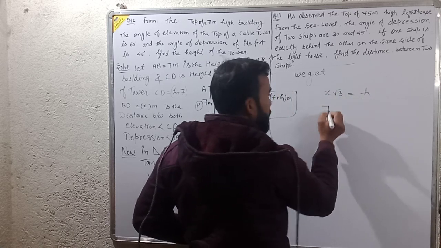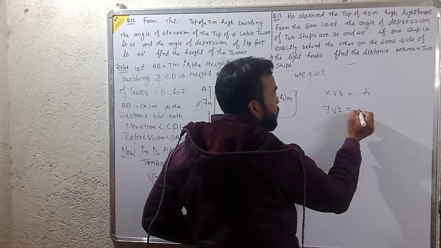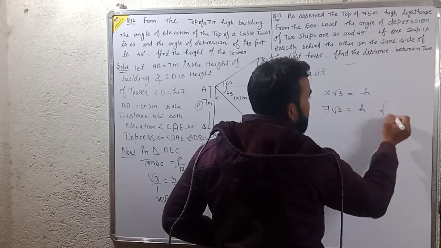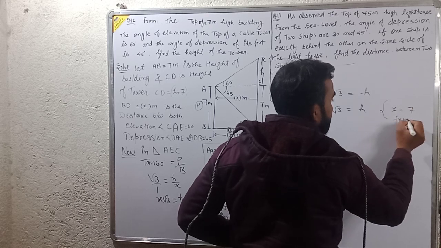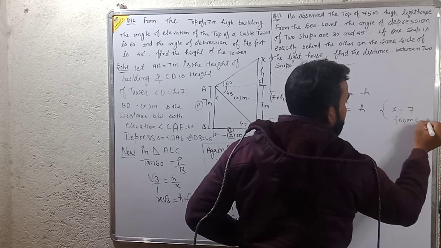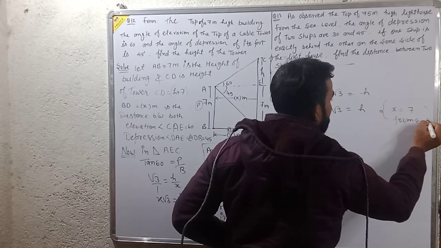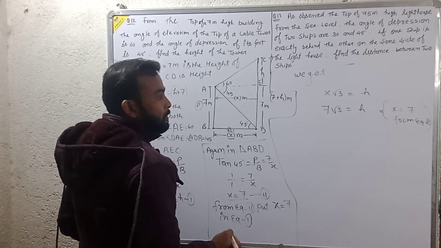So 7 root 3 is equal to h, because x is equal to 7 from equation second.